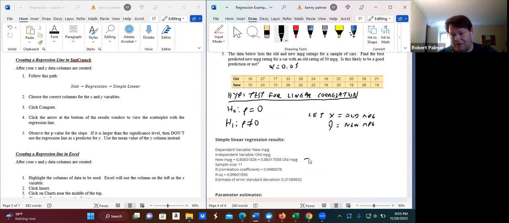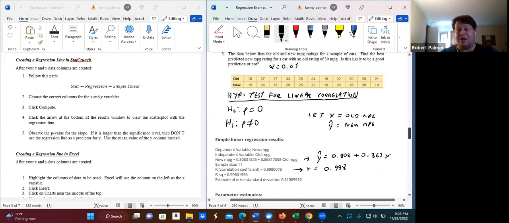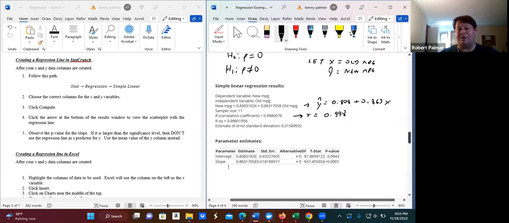So we get our equation right here. And so this is going to be Y hat. The new is equal to, I'll do 3 places again, 0.808 plus 0.863x. So this is the old mile per gallon rating and the new rating. And our R right here is going to be, go to 3 places, 0.998. So very strong as we expect. It's almost exactly on a straight line.